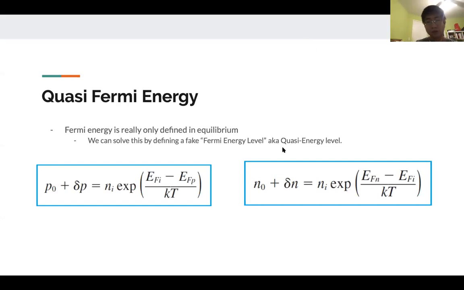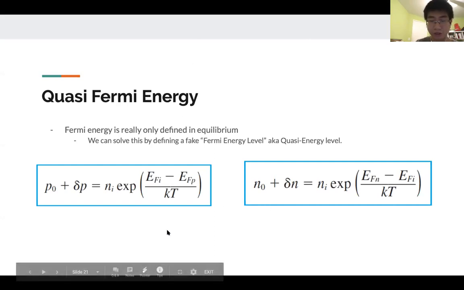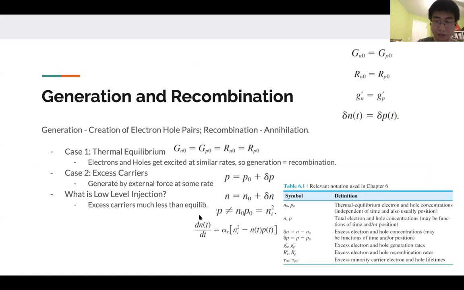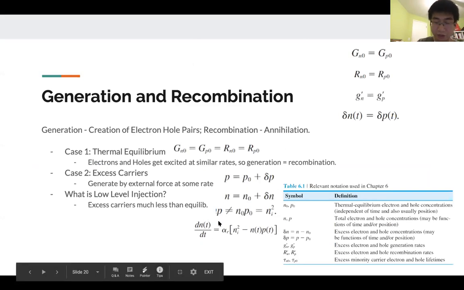Okay, so basically, Fermi energy is only defined in equilibrium because when we have electron-hole generation, the amount of carriers changes. I forgot to explain this on the last slide, but it's not constant with time anymore.